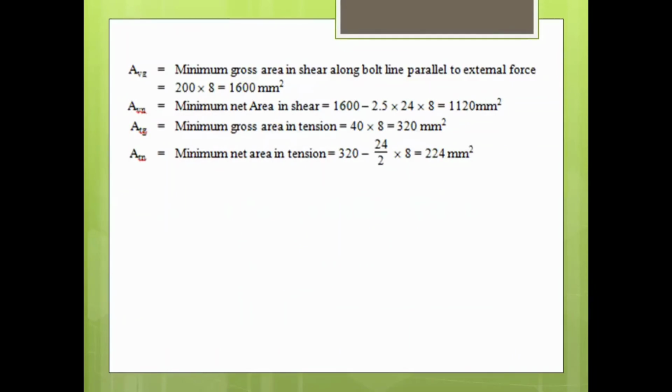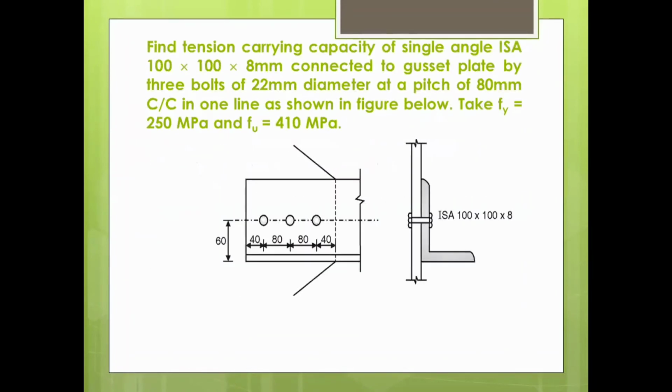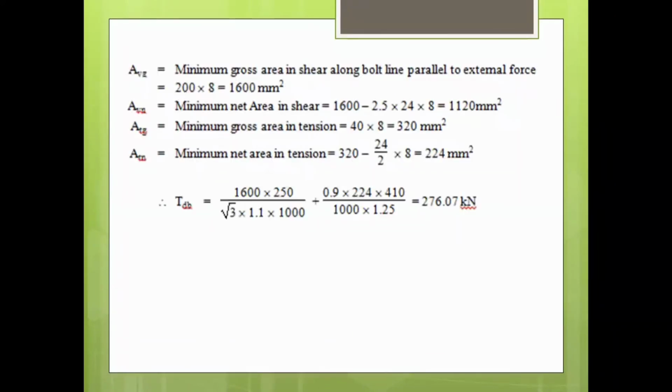Then the minimum net area in tension: again, from that you subtract the area due to one bolt opening, 24 by 2, because only half a bolt is coming in that part. If you see here, only half a bolt is in the picture. So 24 by 2 into 8, where 8 is the thickness of the section. So that is the minimum net area in tension.